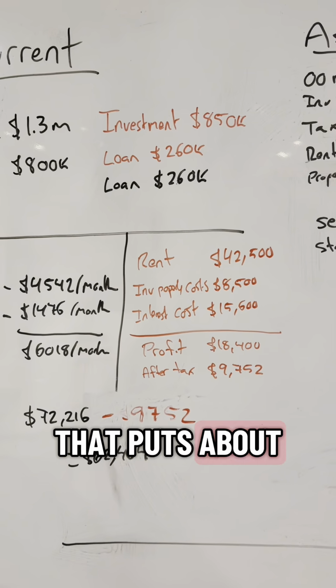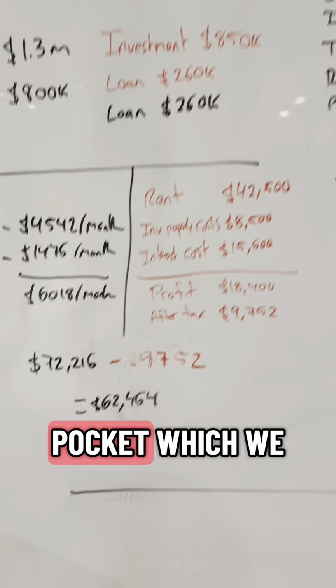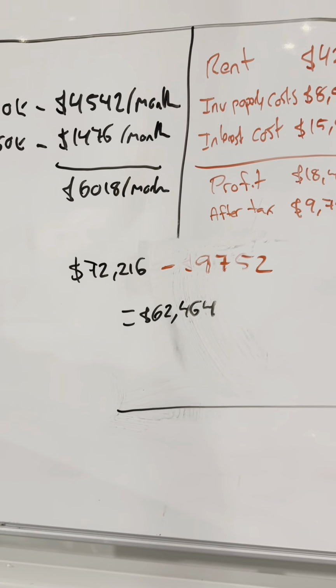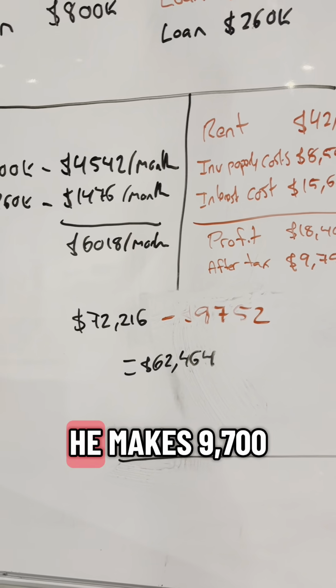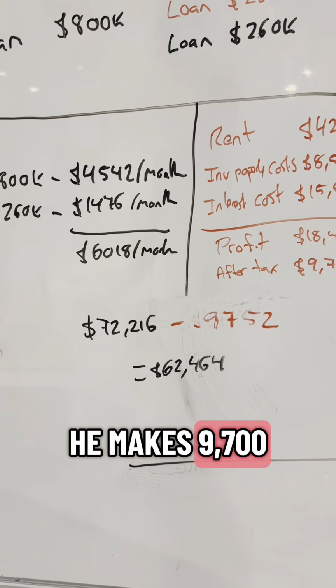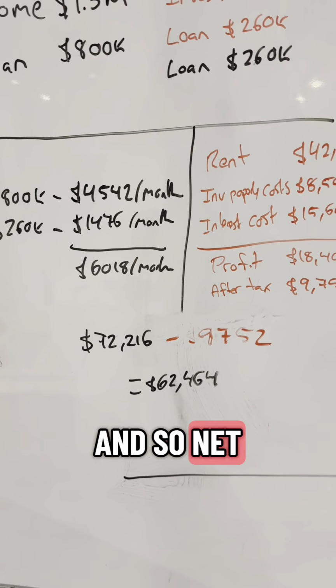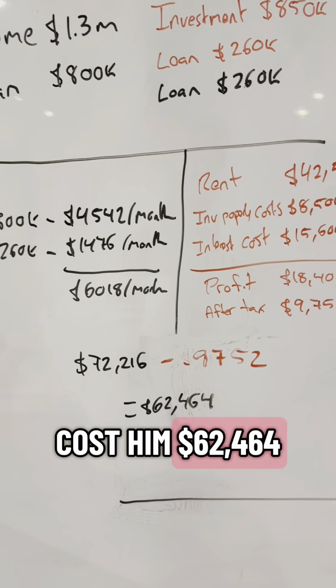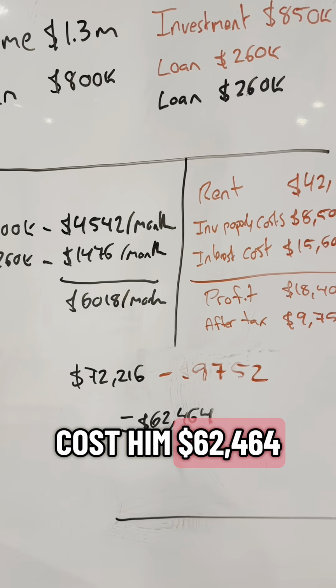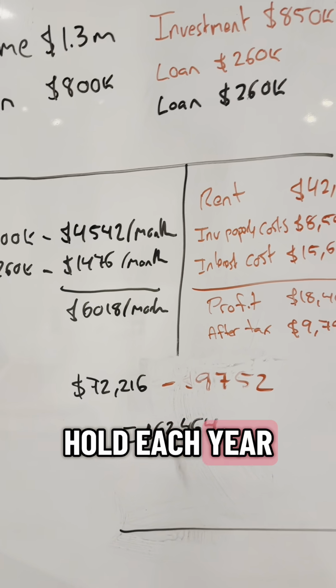After tax, that puts about $9,752 in his pocket. If we scroll down to the bottom, his home costs him $72,000 to hold, and he makes $9,700 from his investment property. So net, out of pocket, his two properties cost him $62,464 post-tax to hold each year.